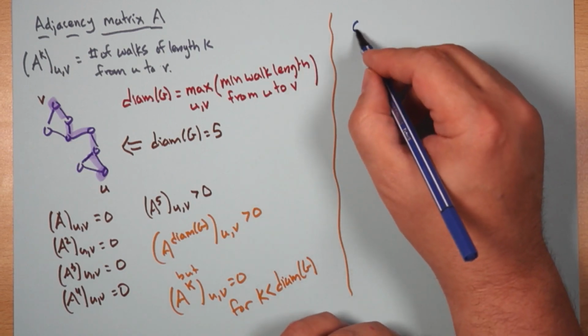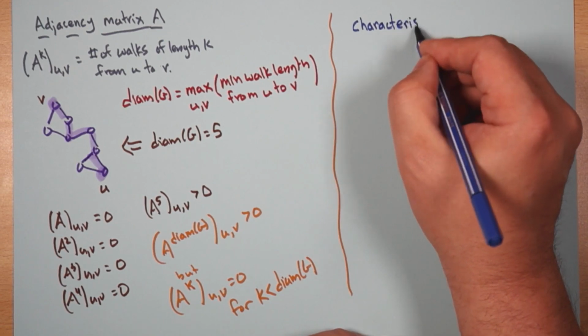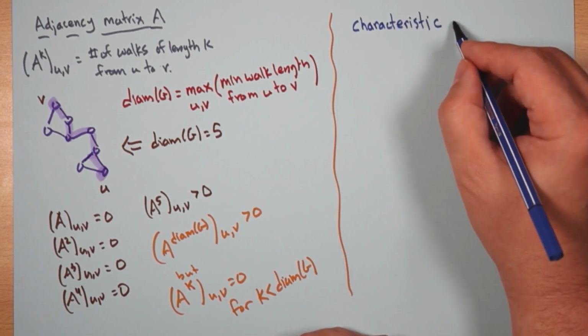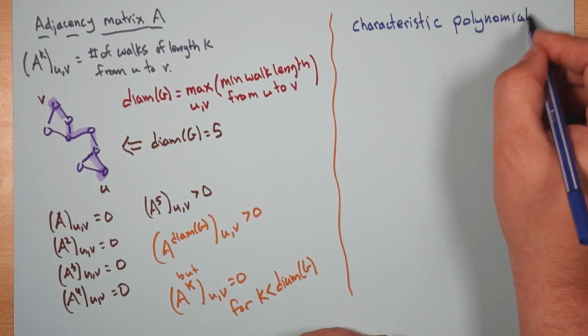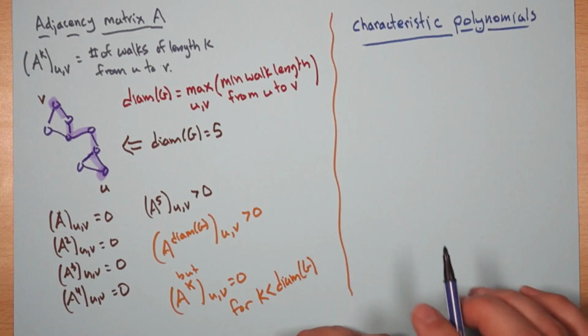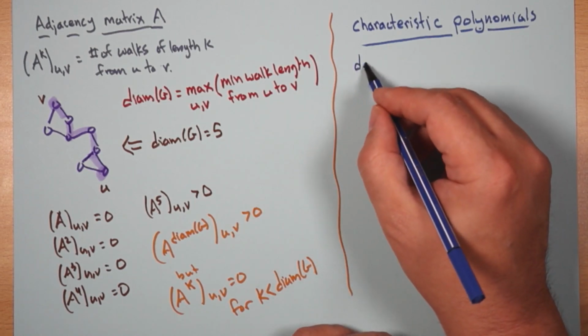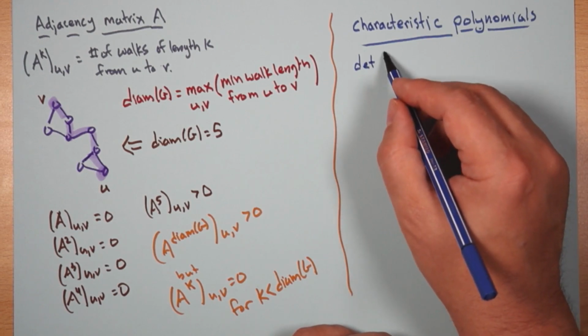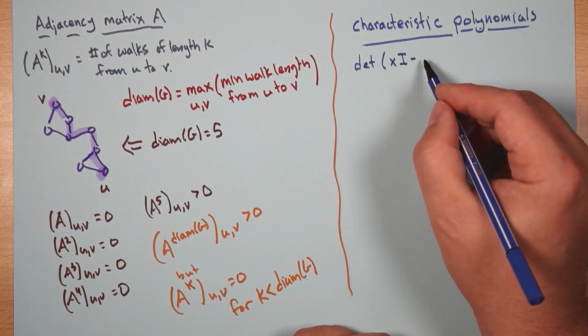Oftentimes this is used when we're trying to compute the eigenvalues of a matrix, in particular the eigenvalues of the adjacency matrix, or whichever graph matrix we're interested in. That's found by taking the determinant of xI minus A.